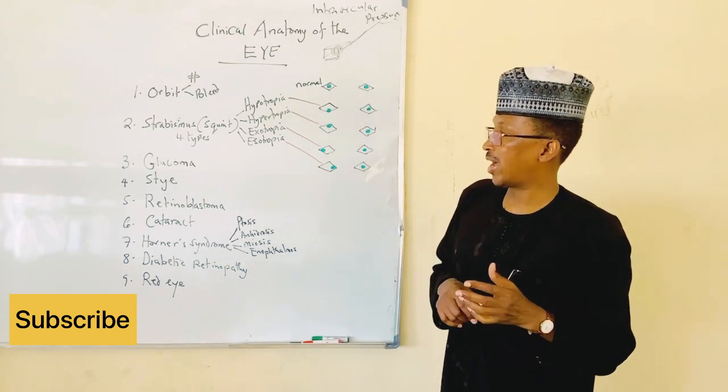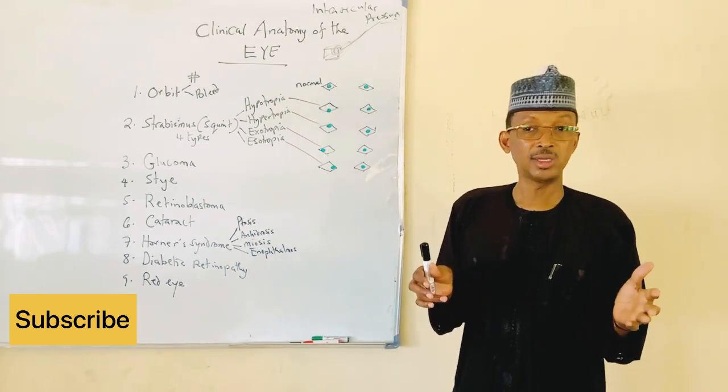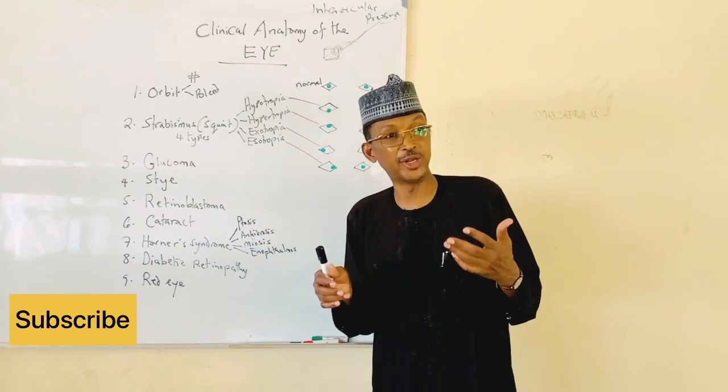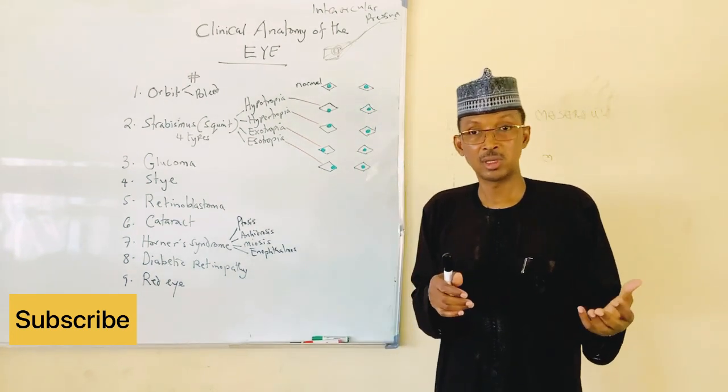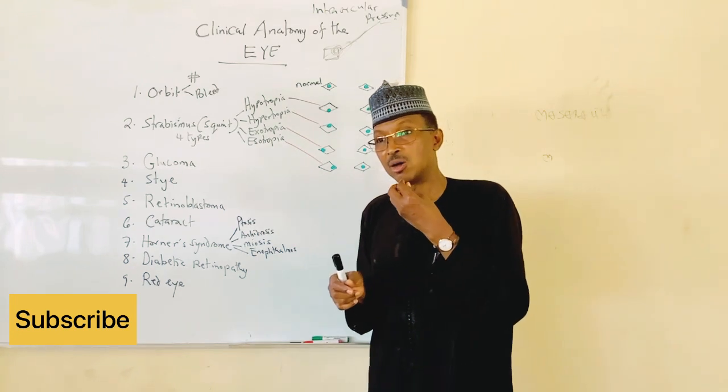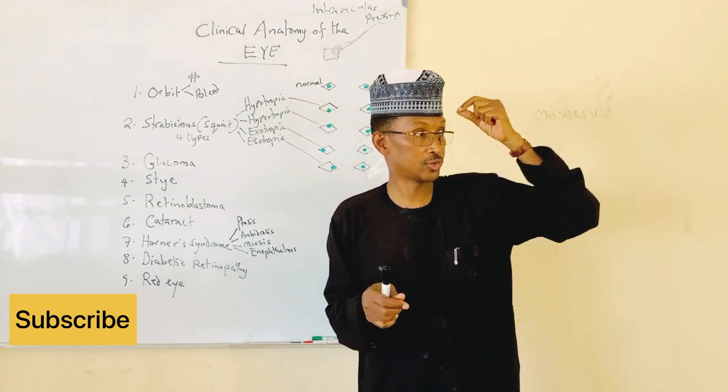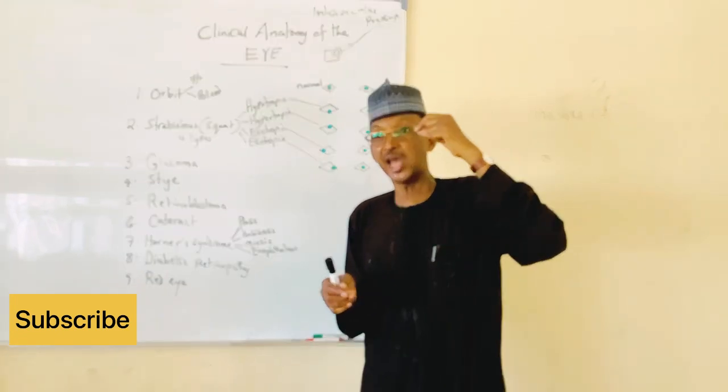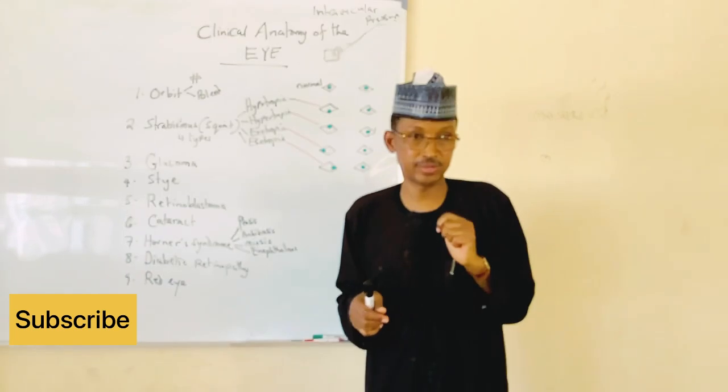That is glaucoma. Of course, it is treatable. It can be treated by giving drugs, either a tablet or some eye drops. So the person can be using eye drops for life.